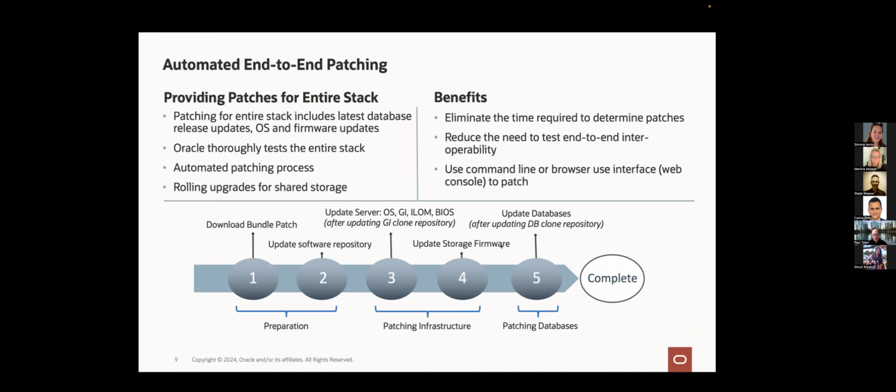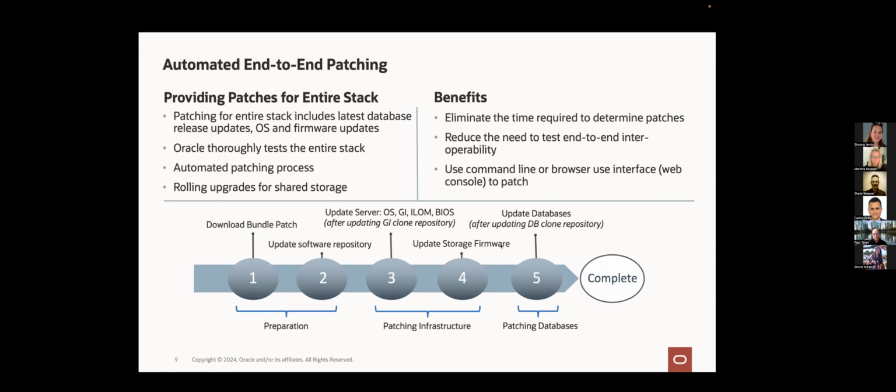For example, if you want to patch the firmware on the disk drive, we do it in a rolling fashion. The benefit for the customer is eliminating compatibility issues. If you build your own and patch an operating system, it might break the database or break something else. Whereas here, the integrated patching has been tested by the Oracle QA group, so it's real peace of mind for customers.